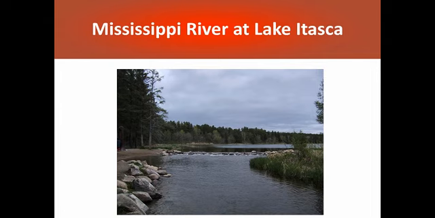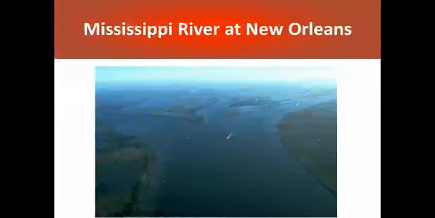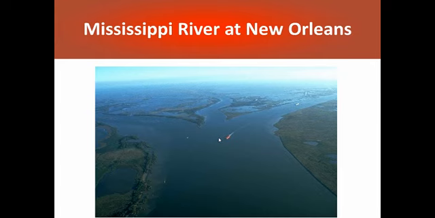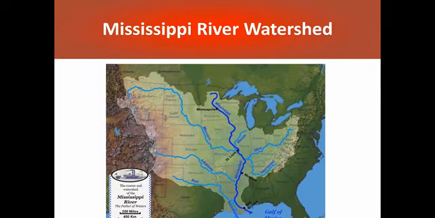That little thing that looks like a stream that you could walk across is actually the beginning of the Mississippi River, meaning if there were no tributaries that fed into this little stream, the Mississippi River would be just that, a little stream. This is the Mississippi River in New Orleans with that giant little blip down at the bottom. That's that red barge that you can barely see, where the river is a couple of miles wide, started from that little itty-bitty stream.